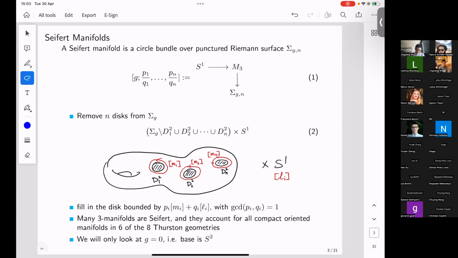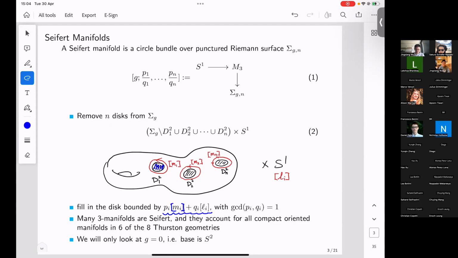If you fill in the little disks, you get the original Riemann surface times S1, the trivial fibration. However, if you fill in the disk given by this type of combination, where M is a cycle around this little disk and L is a cycle around the S1, you get a very non-trivial manifold.